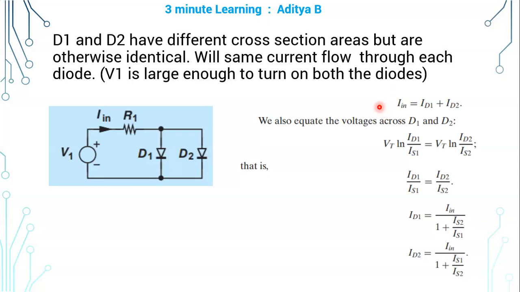These equations are derived by using two equations. First one is IN is equal to ID1 plus ID2 by applying KCL at this node. We can also equate the voltages across the diodes D1 and D2. That is, VD1 is equal to VD2. You are going to get this equation. On solving, you get ID1 and ID2 equation.